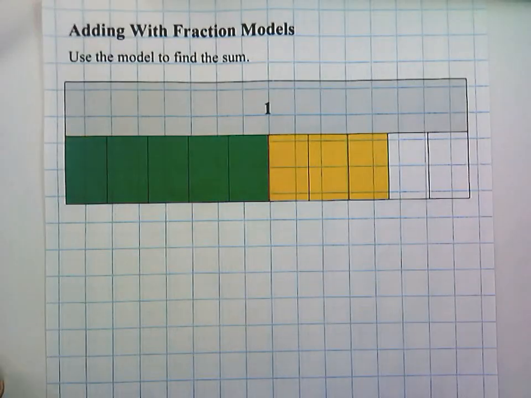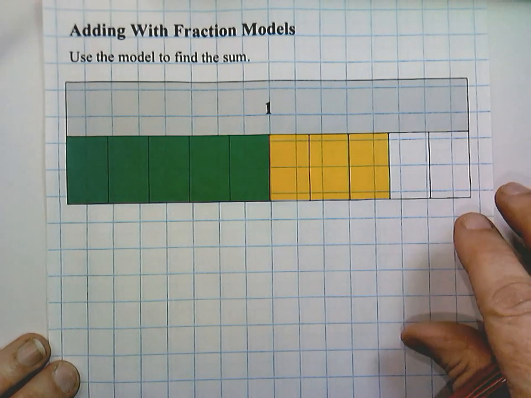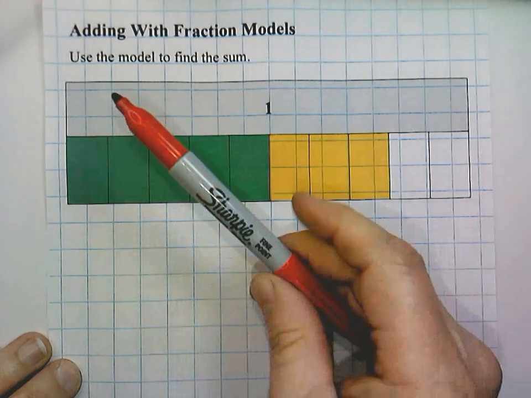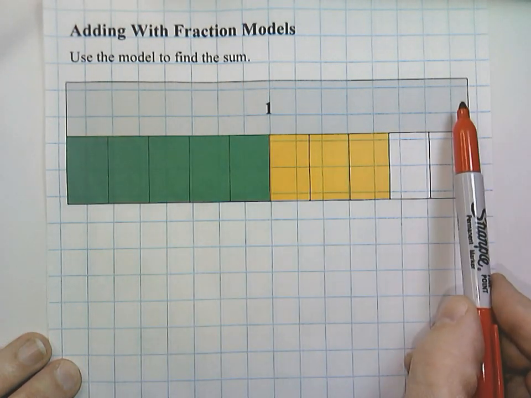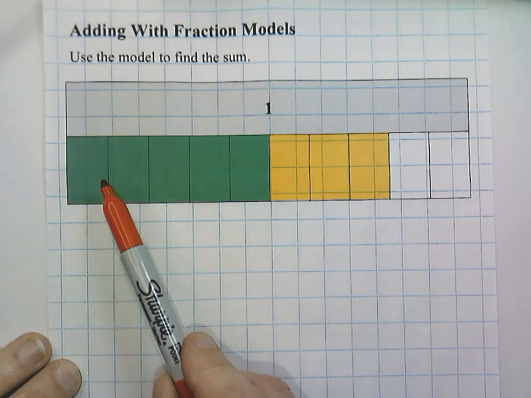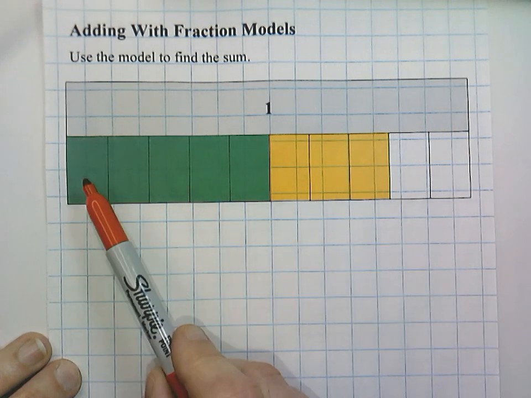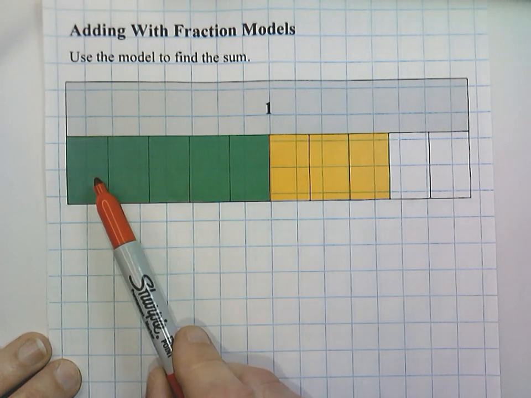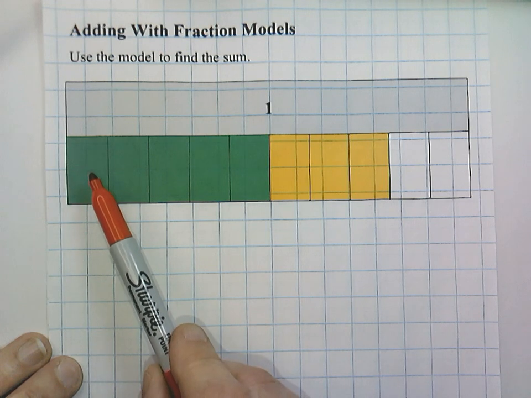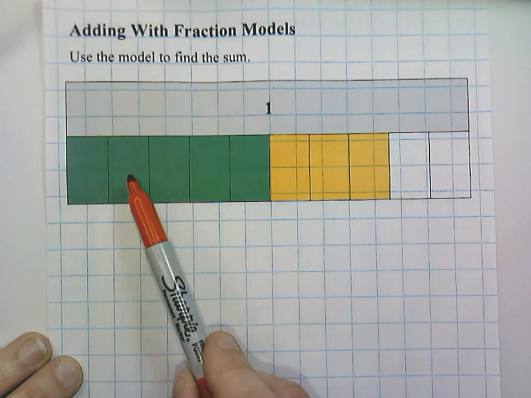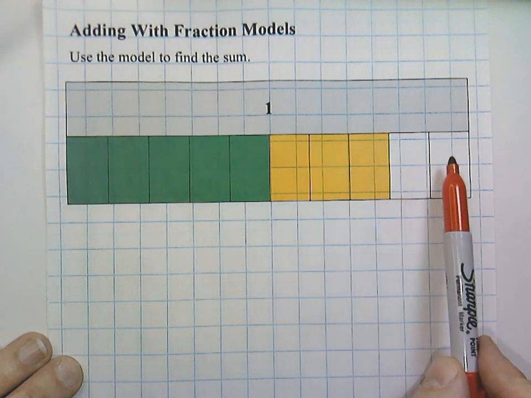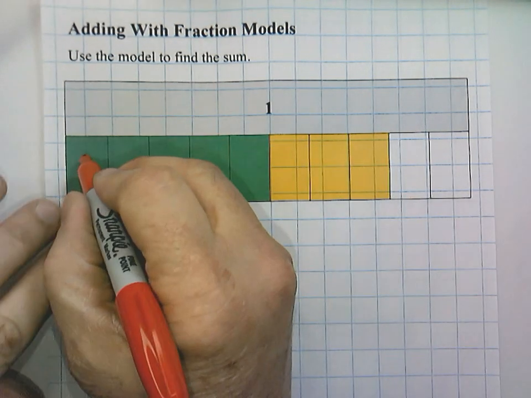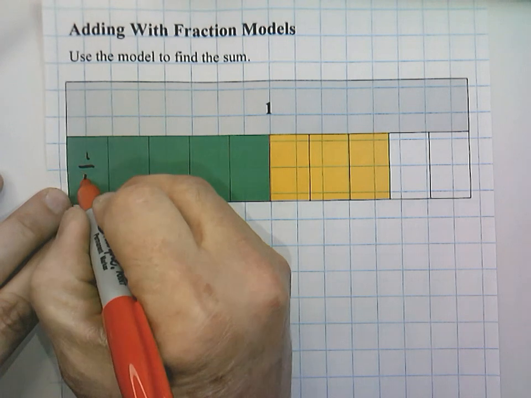You can show this with models. Directions: use the model to find the sum. So this would represent one whole. And then what we have here, I'm going to count our total number of parts, our denominator. 1, 2, 3, 4, 5, 6, 7, 8, 9, 10. So all of these are tenths.